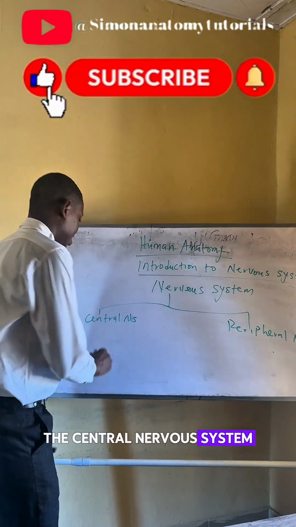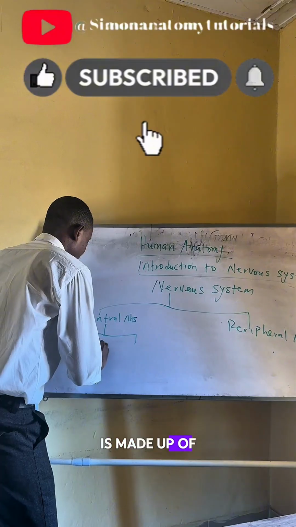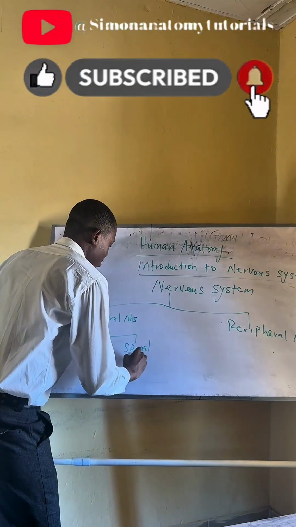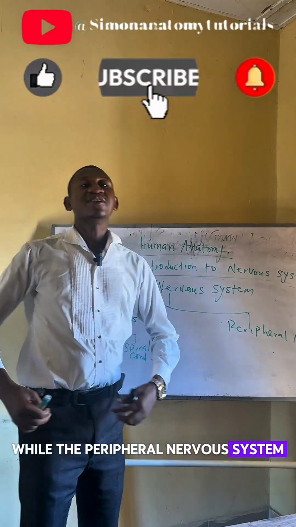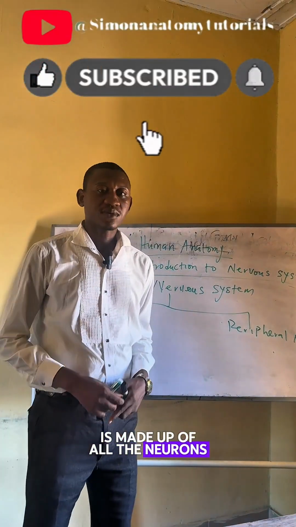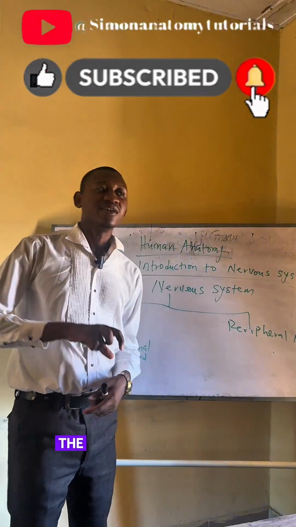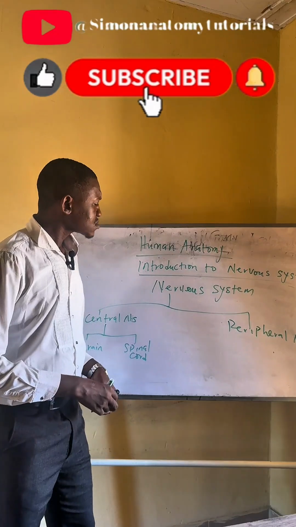The central nervous system is made up of the brain and spinal cord, while the peripheral nervous system is made up of all the neurons in the human body, the cranial neurons that originate from the brain and the spinal neurons that originate from the spinal cord.